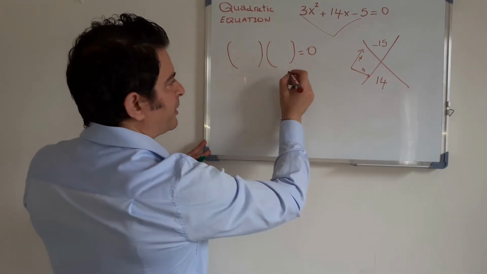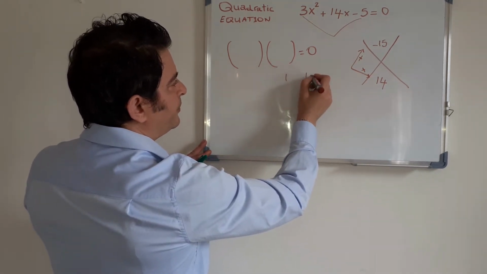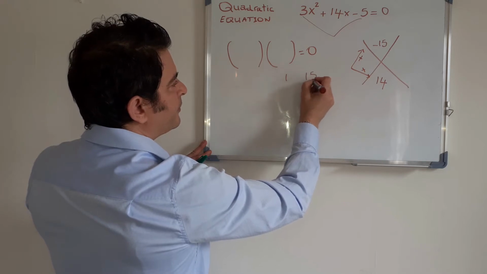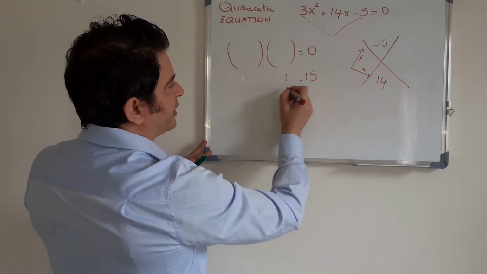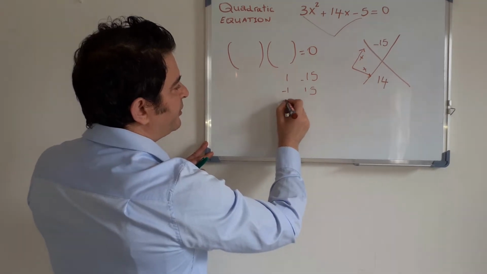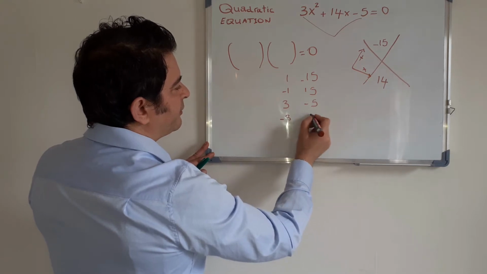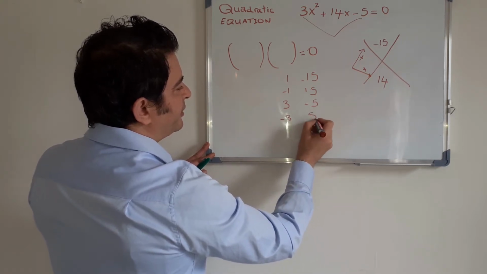So with minus 15 we have 1 and minus 15, minus 1 and 15, 3 and minus 5, minus 3 and 5.